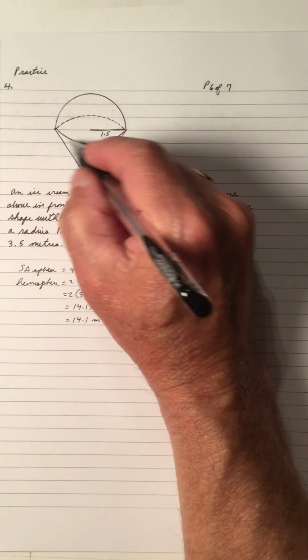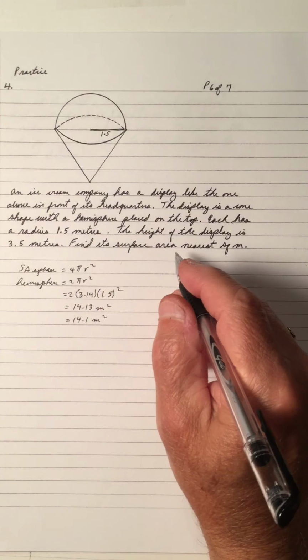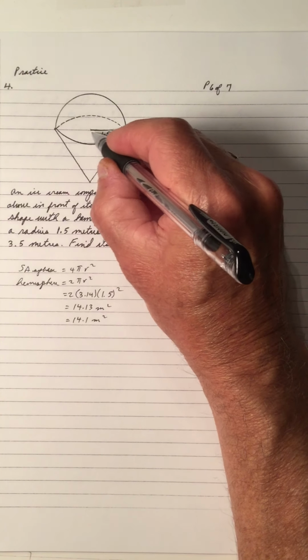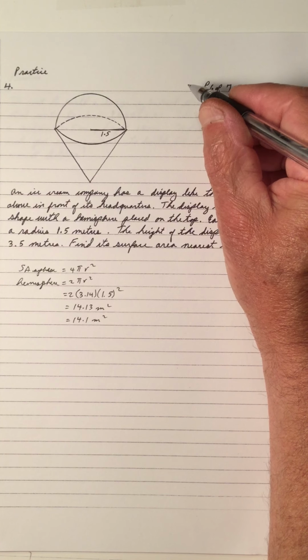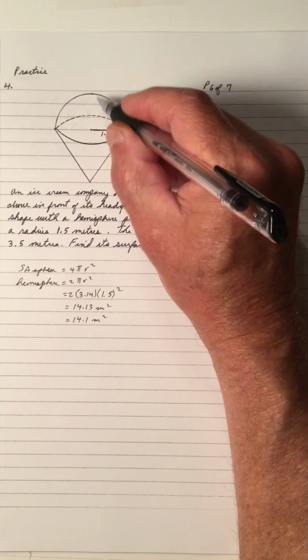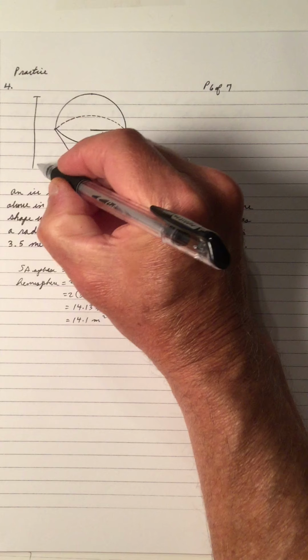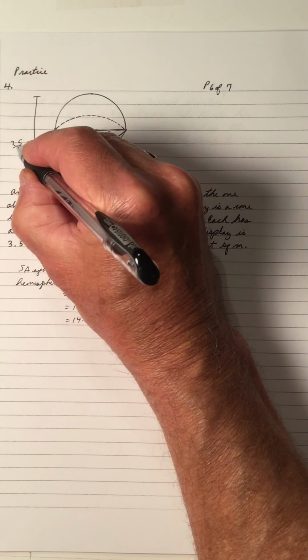So we have the hemisphere worked out, which is half a sphere. Now I need to do the cone. I have the height, but the height is from the top to the bottom. So from the top there, right down to the bottom, the whole display is 3.5.